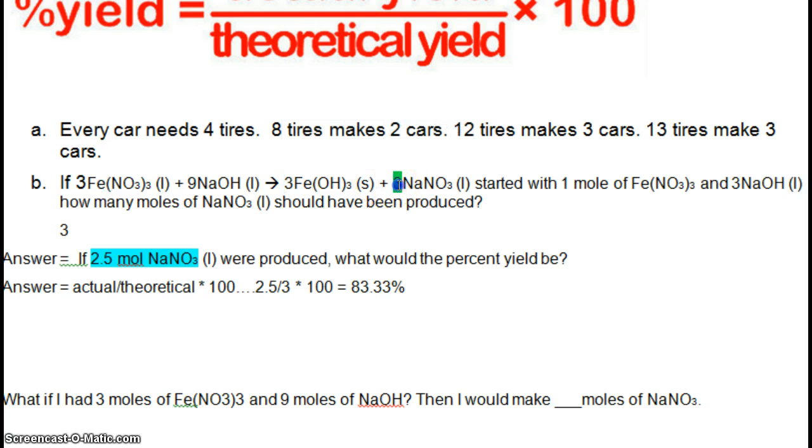A 3. And what do you think that one changes to? Again, we tripled everything. So 3 times 3 is 9. So if we had 3 moles of iron nitrate and 9 moles of sodium hydroxide, then it would make blank moles of sodium nitrate. And if we tripled everything, it would make 9 moles.